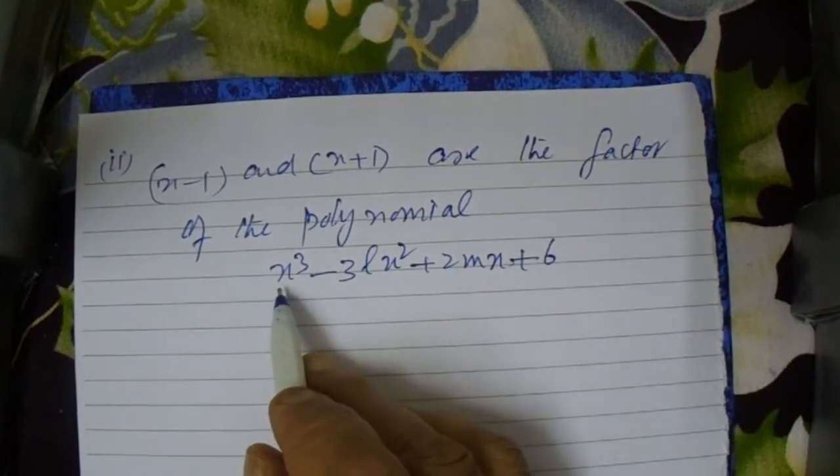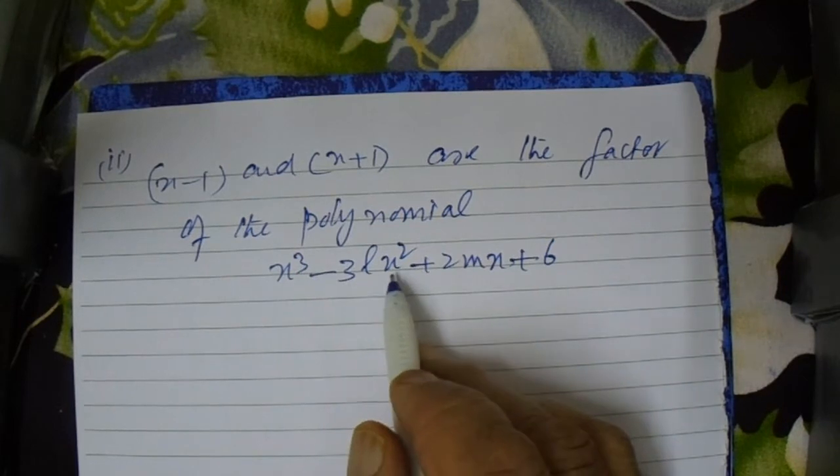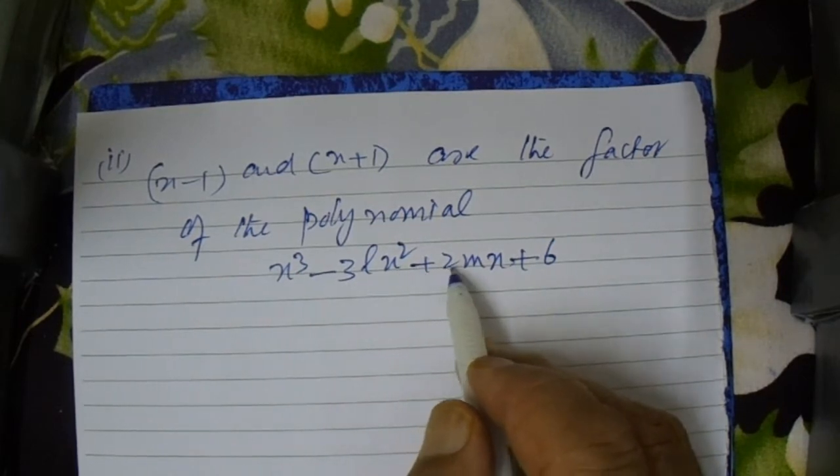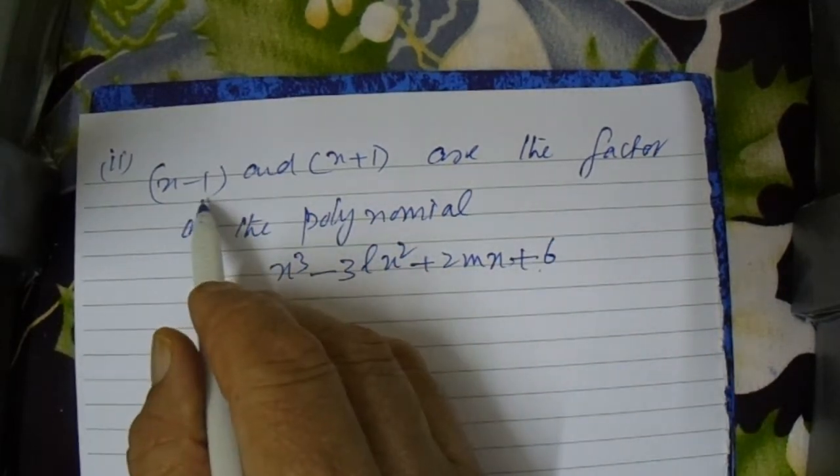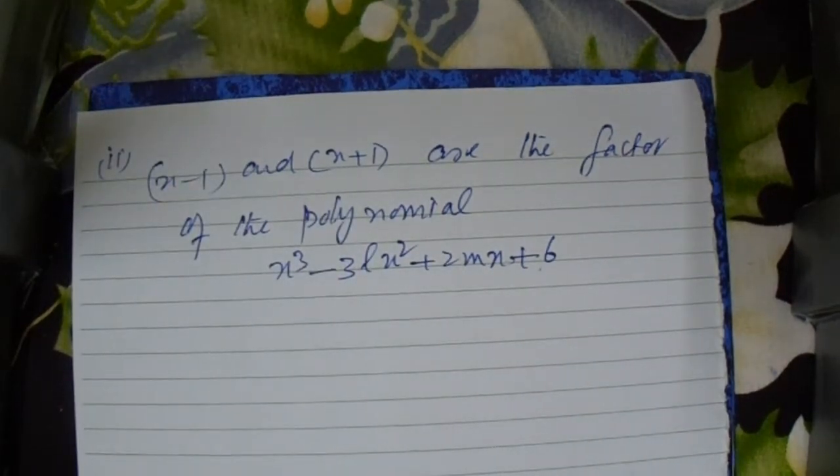Now again x3 minus 2lx square plus 2mx plus 6. x minus 1 and x plus 1 are the zeros of the polynomial.